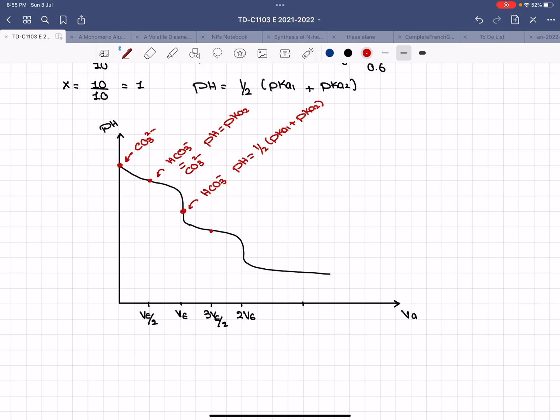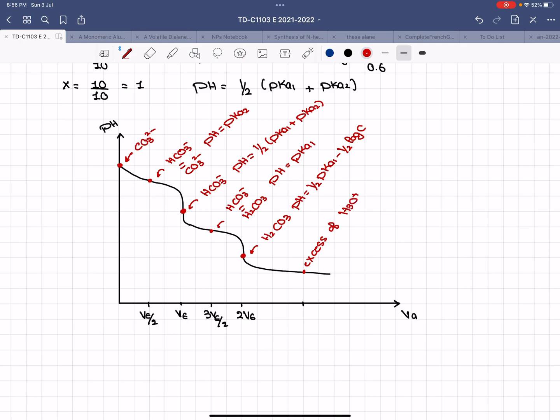The second half equivalence where HCO3 minus is equal to H2CO3, pH equals pKa1. The second equivalence point where you have H2CO3. We all know now that the pH is half pKa1 minus half log C if the validity is correct. Excess of H3O plus.